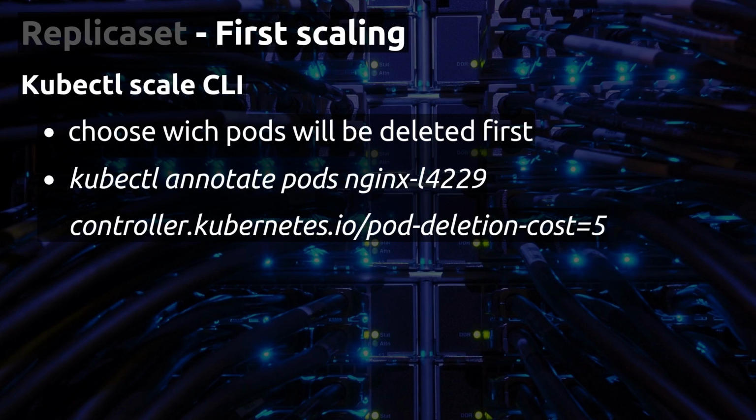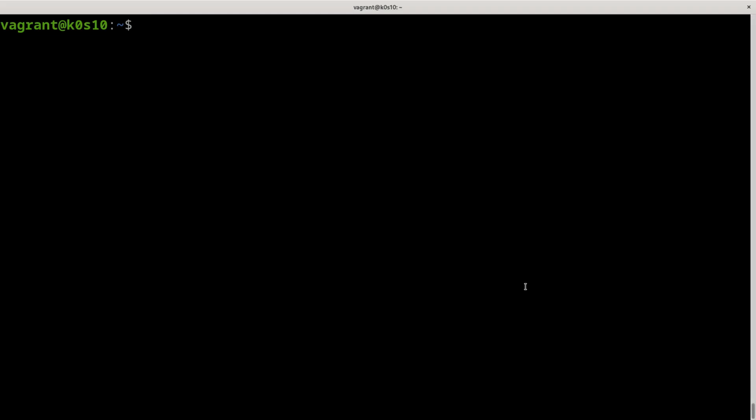Another thing, if you want, you can order which pod can be deleted first. So just a last example. We can run the replica set test to 5. If you do it, kubectl get pods.